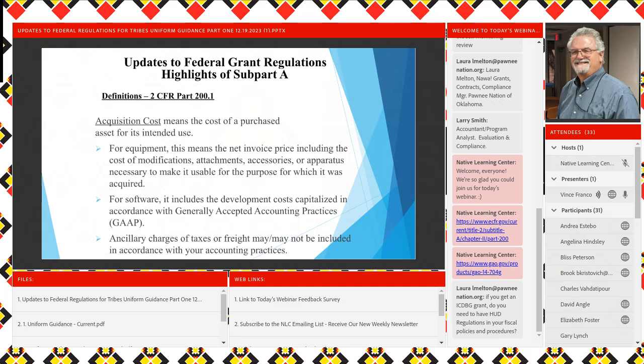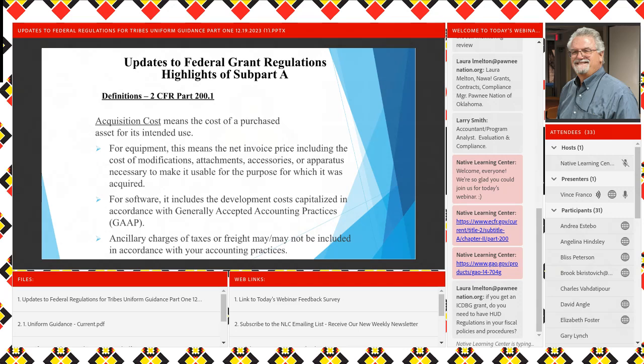Correct me if I'm wrong. I know the Indian Housing Block Grant does. So with that in mind, there is regulation, and you may want to write this down if you're not already familiar with it, 24 CFR Part 1000. And that is HUD's regulations on Native American housing activities.